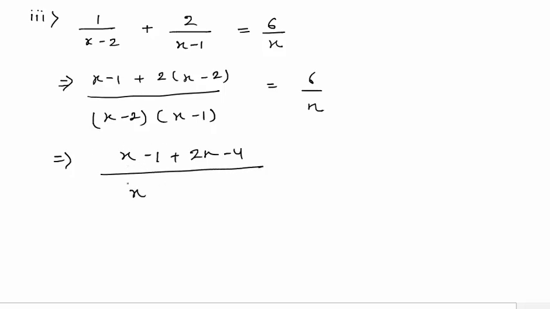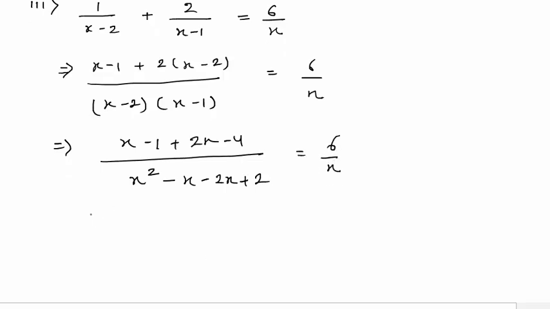If I multiply here, I will get x square minus x minus 2x plus 2, and here I have 6 upon x. So this will be x plus 2x is 3x minus 5, and in denominator I have x square minus 3x plus 2 is equal to 6 upon x.